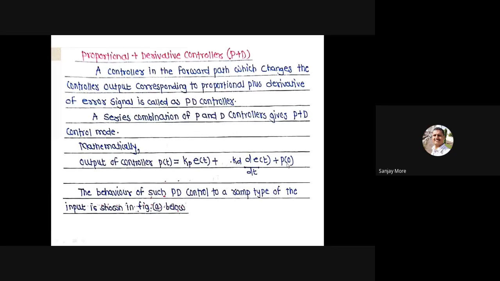This is the derivative controller, and proportional plus derivative controller means output of proportional controller plus output of derivative control.